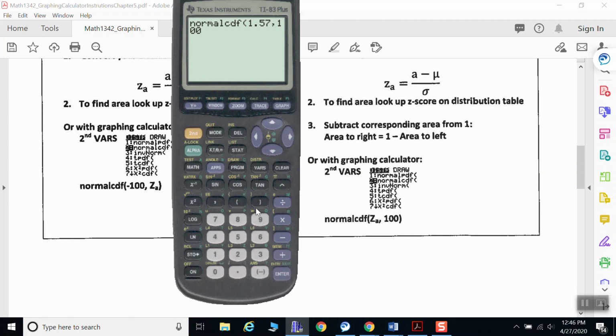So the input changes, and that's what you need to be aware of. The calculator will take care of the subtraction part of it. So this one is 0.0582, and you just round it because it says 4 decimal places.